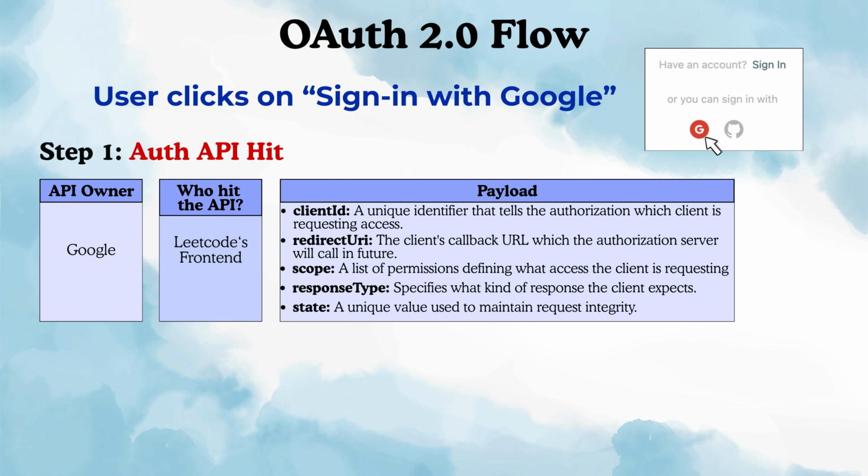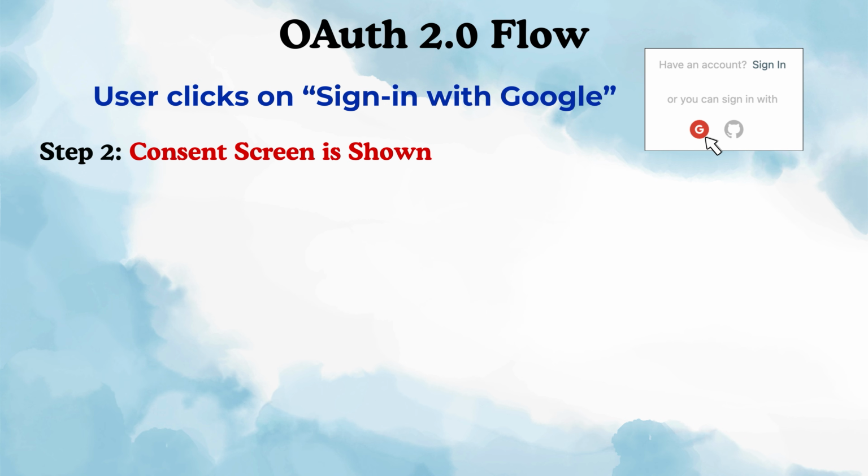Now one thing to note here is that LeetCode will not get anything in the response of this API. This is not the time when LeetCode will get the access token or even the authorization code. So there is no response to this API. Instead, we are redirected to another screen, and this brings me to step 2, the consent screen. So what is a consent screen?